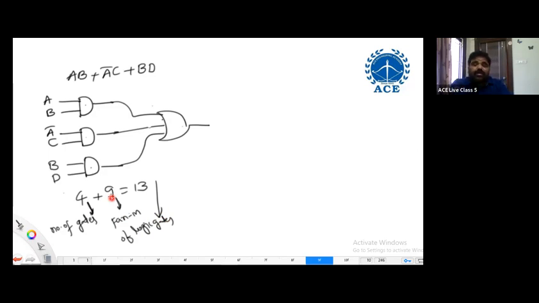The number of outputs it can drive, or number of similar logic gates it can drive at the output side, is called fan-out. Fan-in is the number of inputs it can be connected to. At this moment we need fan-in. To reduce the complexity, you can reduce the number of gates, or you can reduce the number of inputs of each and every logic gate.